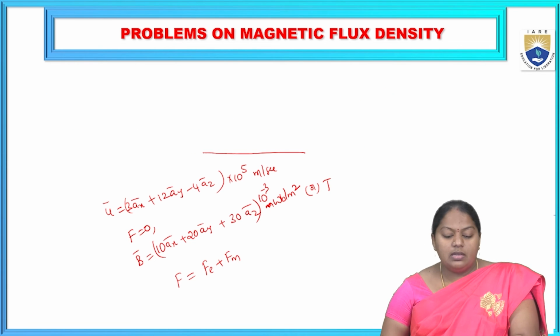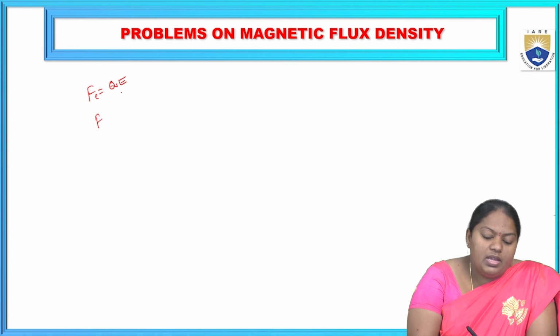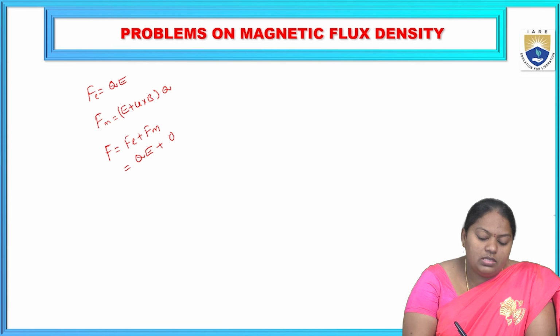To find Fe and Fm, first Fe is given by Q into E, obtained from the electric field, and Fm is given as Q into U cross B. If you add these two, then the total force due to electric as well as magnetic fields is F equal to Fe plus Fm, that is Q into E plus Q into U cross B.